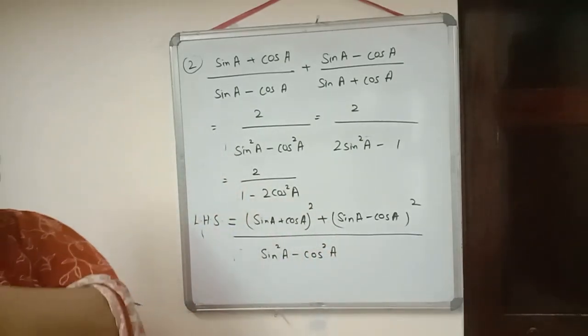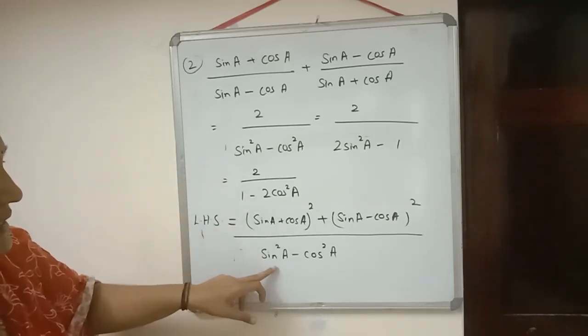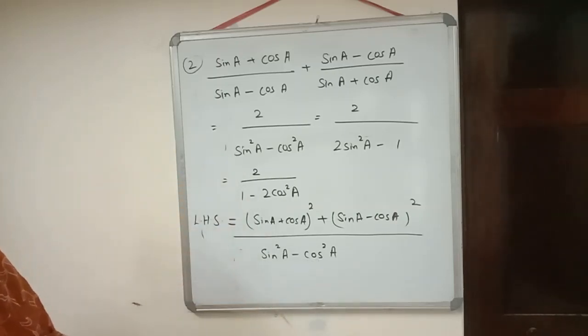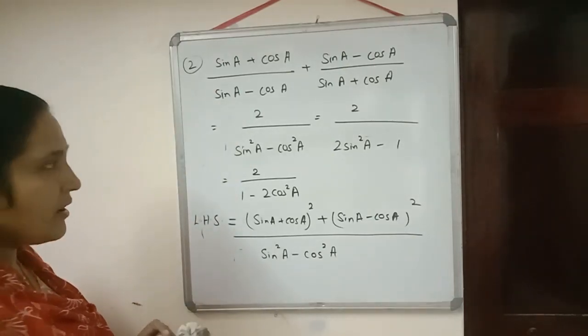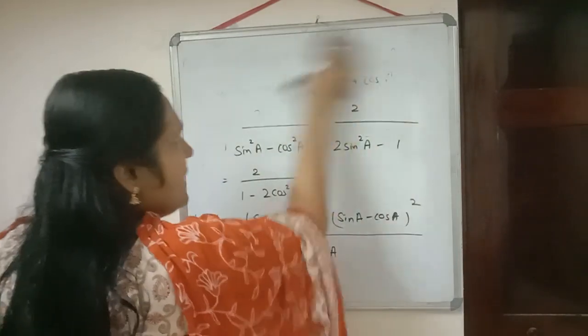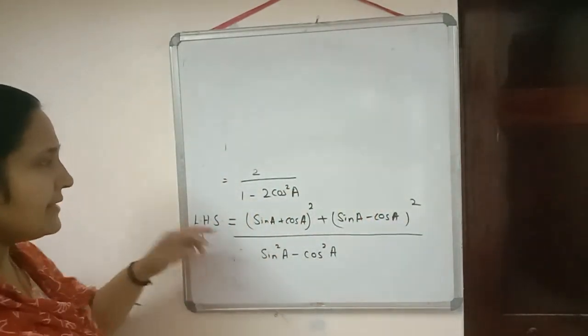So you can check the second part which we have to prove there. We got here sin square A minus cos square A. Now we can check whether we will get 2 in the numerator or not. So to get that, what we can do? Yes, we can expand the identities there.